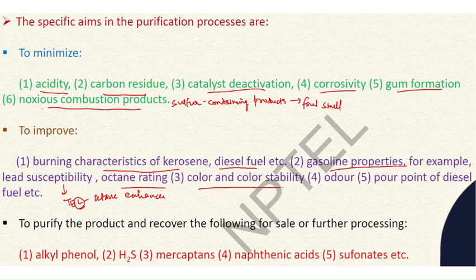To improve the color and maintain its stability, purification is required. Then odor, to remove any obnoxious smell if present. Then pour point of the diesel, basically to decrease the pour point of the diesel. All these qualities need to be improved.